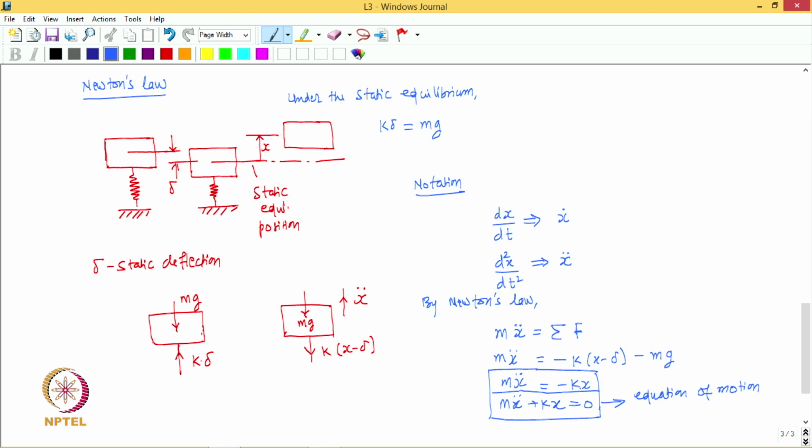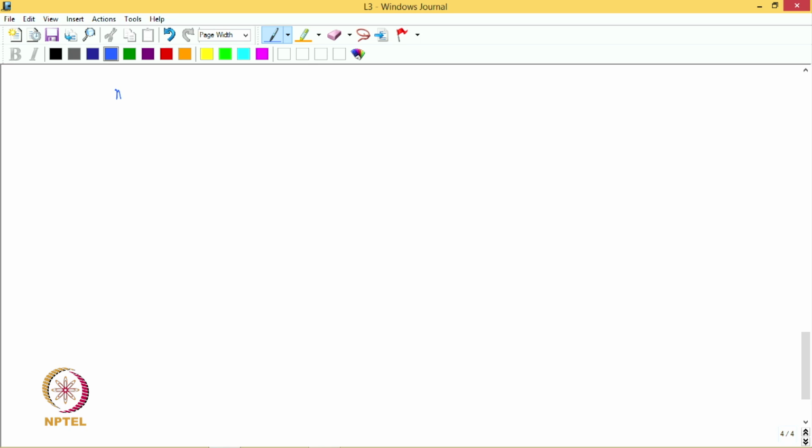One thing we should now see here is that the equation is nothing but m x double dot is equal to minus kx, and what does it represent? It represents simple harmonic motion, which basically means that in simple harmonic motion the acceleration is proportional to displacement, as is the case for this system, and it is in the opposite direction, right.